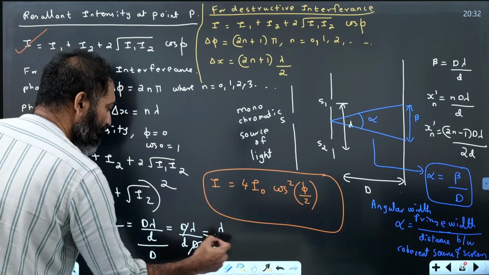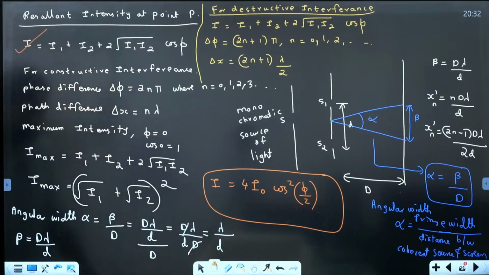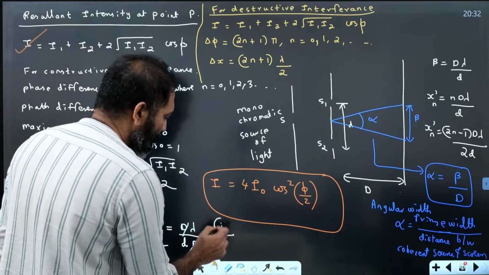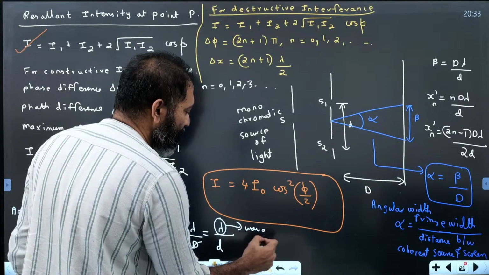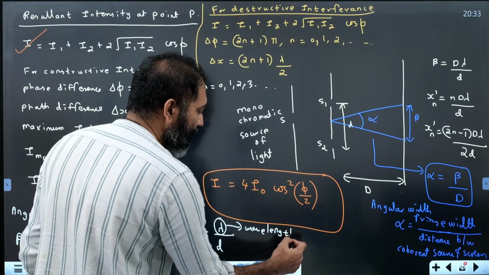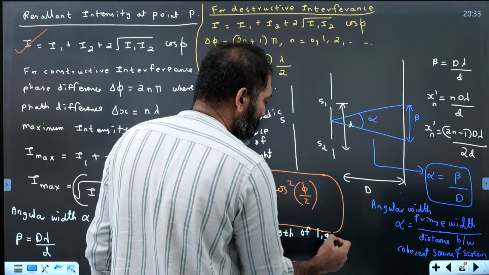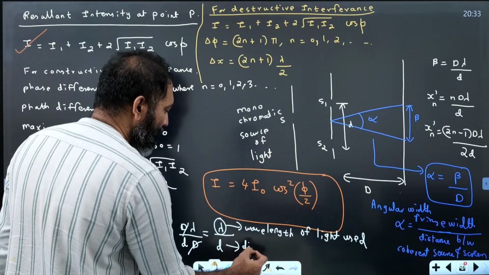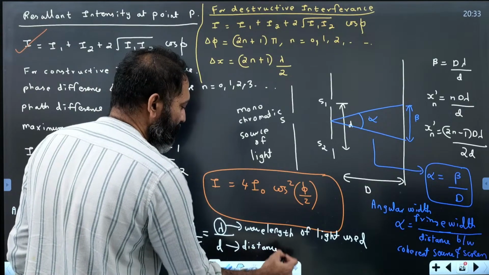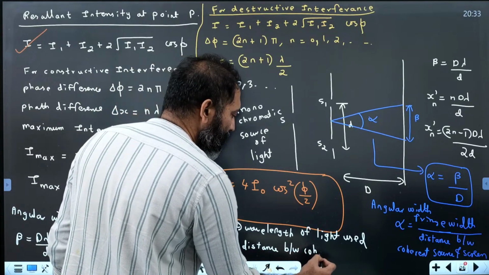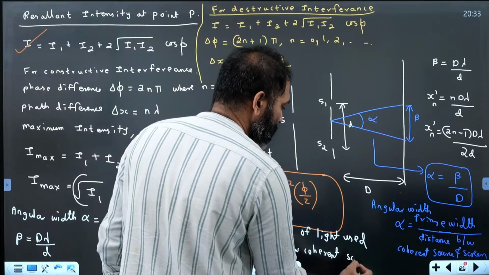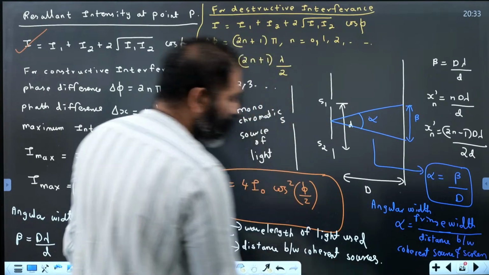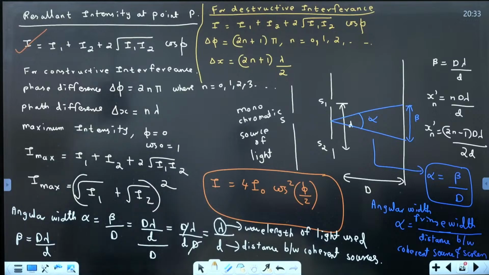So angular width alpha is equal to what? Lambda by small letter d. What is lambda? Wavelength of light used, the wavelength of the light we use in this experiment. What is d? Distance between coherent sources. Note it down.